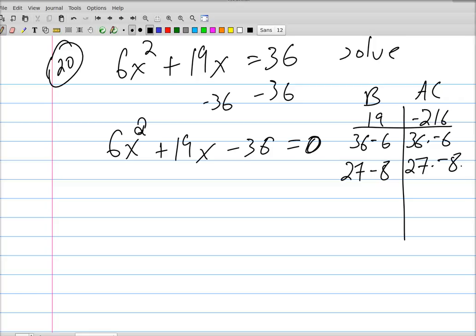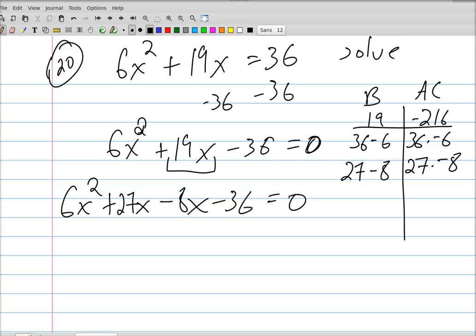I use these two numbers, 27 and negative 8, to rewrite this middle term, 19x, in order to be able to use factor by grouping. So now I've got 6x squared plus 27x minus 8x minus 36. Now I can do my factor by grouping on the first two terms and the second two terms.